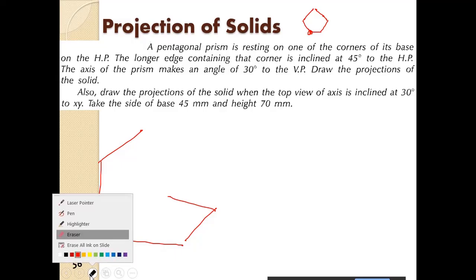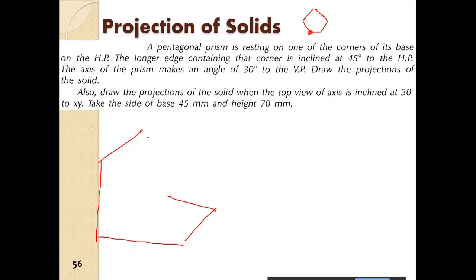So as in case of projection of lines that we did, it is inclined at 45 degree to the HP and 30 degree to the VP. Okay, so the end point is at this. So this is the axis of the pentagonal prism, right? So how to go about that?